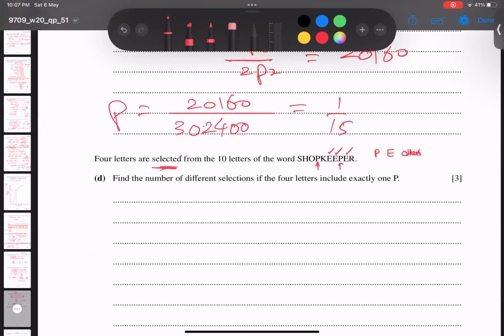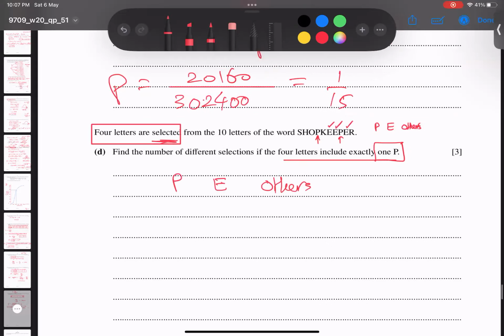We have to select 4 letters, make sure 4 letters, but they must include P one time, 1 letter P, not 2. So this is a line for P, this is a line for E, and here I'm going for others. So what options do we have? 1 P is fixed. That is for sure.